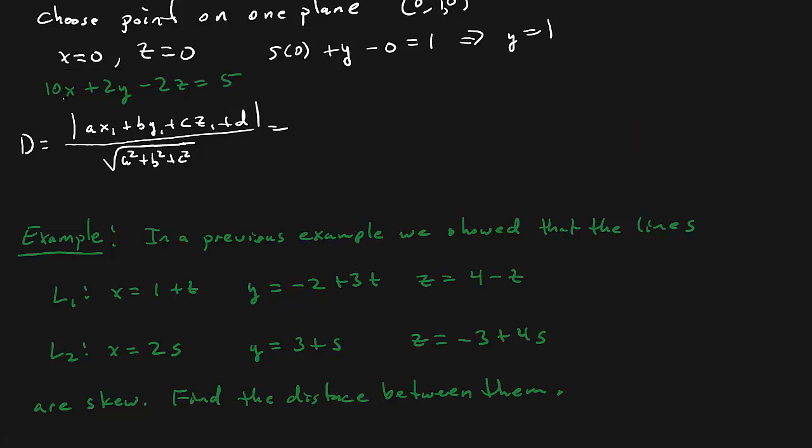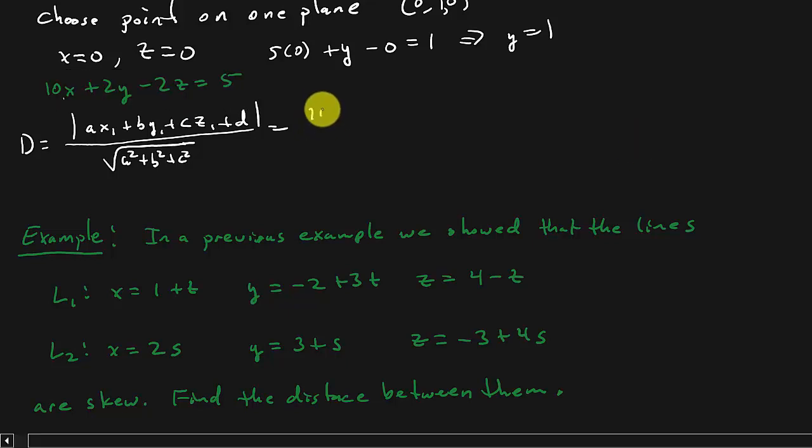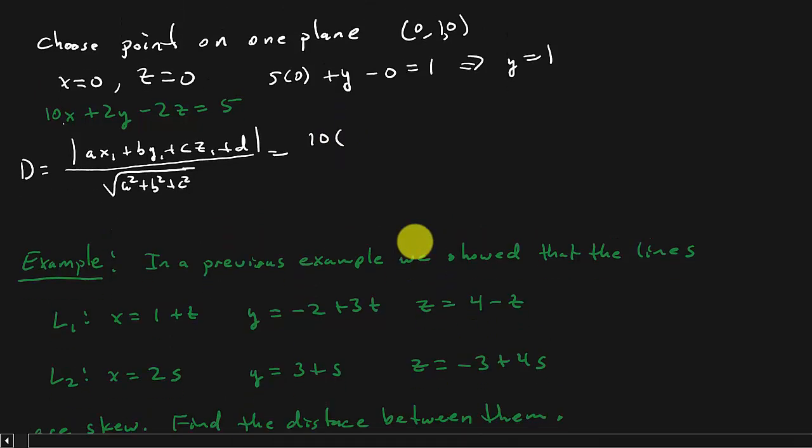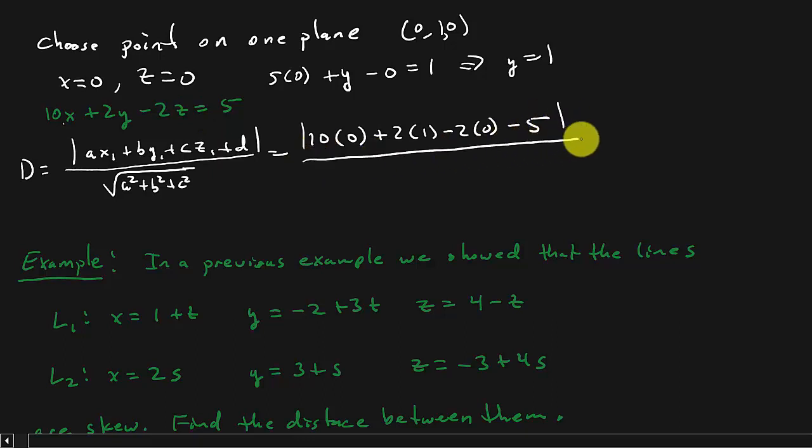All right. So I've got 10 times 0. See, I'm plugging this point into here. Plus 2 times 1 minus 2 times 0. And then the 5, I'm going to move it over, so that's going to be minus 5. I need the absolute value of that over the square root of A squared plus B squared plus C squared.